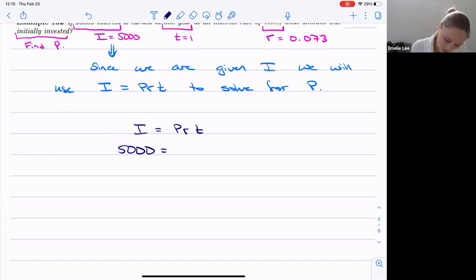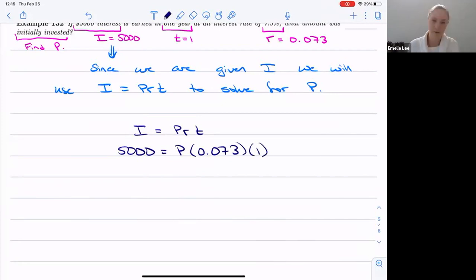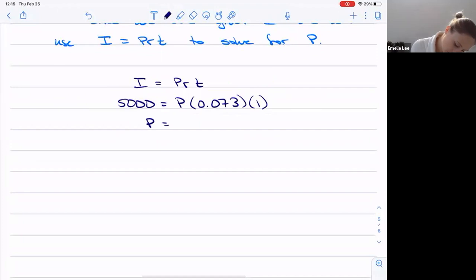Okay, I'm moving on. So P times R, which is 0.073, times T, which is 1. Solving for P, the 1 kind of flies away: 0.073 times 1 is just 0.073. So solving for P here, I need to divide both sides by 0.073. Doing my switcheroo, I get 5,000 divided by 0.073.